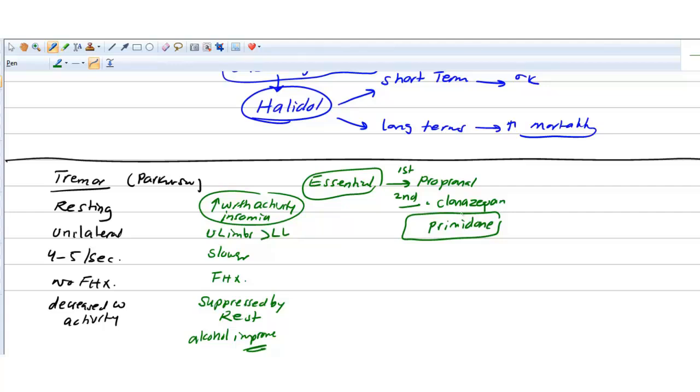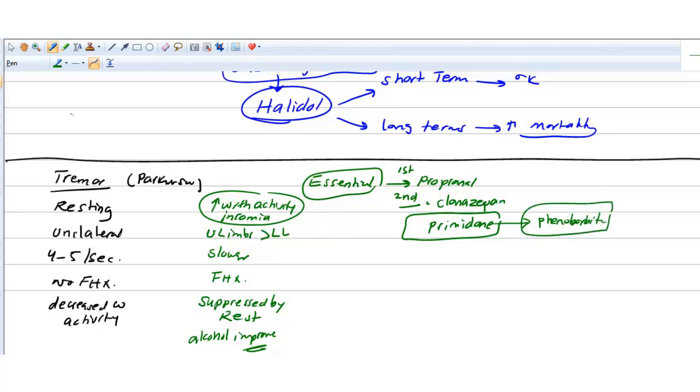I think it's a kind of anticonvulsant. Why? Primidone has to be metabolized inside the body into phenobarbital. That's why it's used, I think.